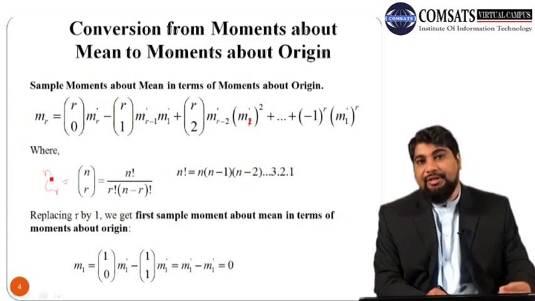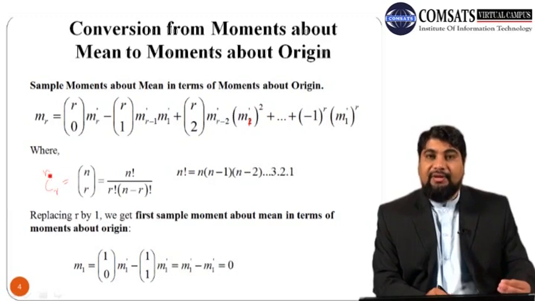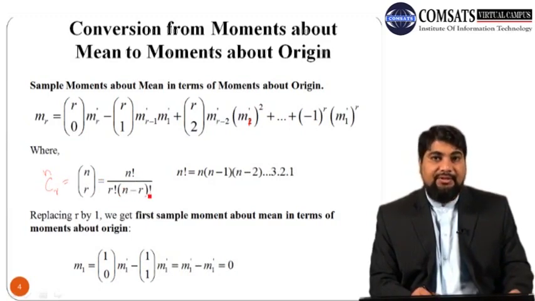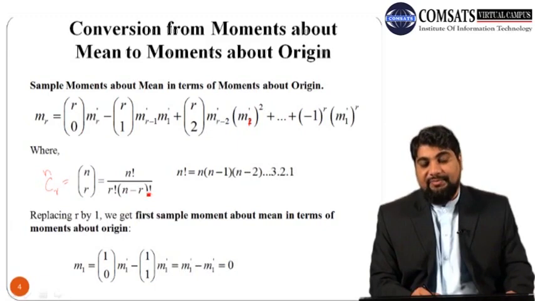So in how many ways we can select r items out of n items? So it is n factorial over r factorial into n minus r whole factorial. We will also discuss this combination rule in detail in our next lecture.